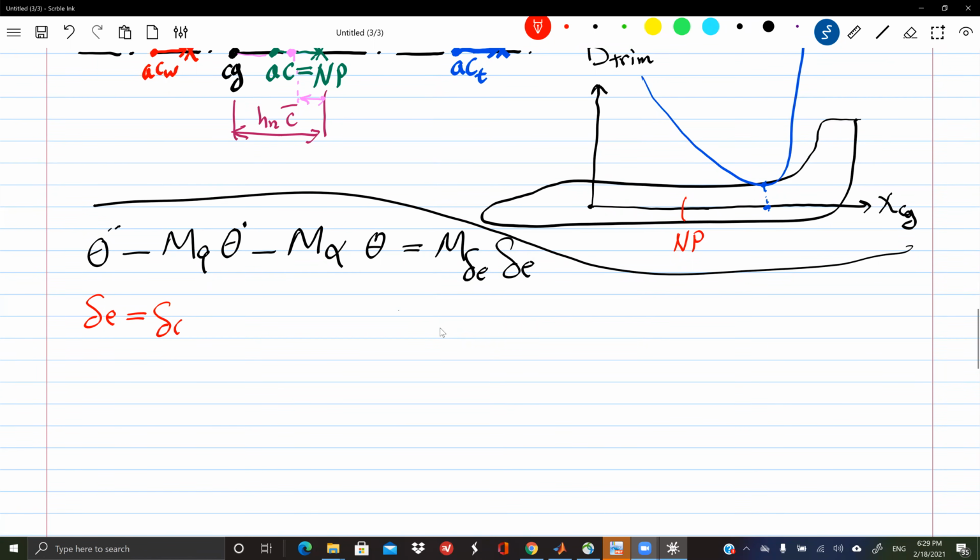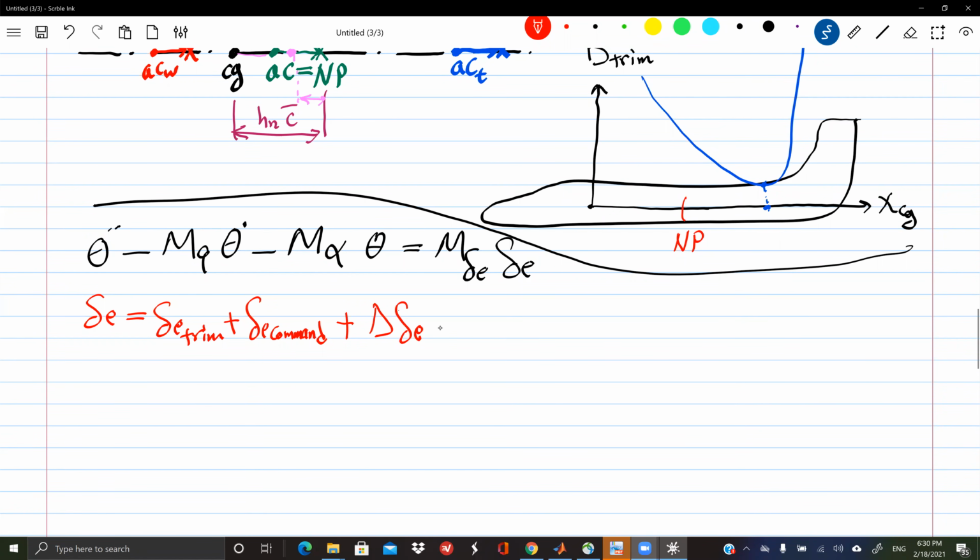I'll write it as some elevator trim for balance, the one that we calculated in the very first half of the course, some value, 3 degrees, 5 degrees elevator for balance, at cruise. And then there is something coming from the pilot, a command to do a maneuver. In general maybe 0 for cruise, maybe not. Plus the delta elevator that we're going to use for feedback.